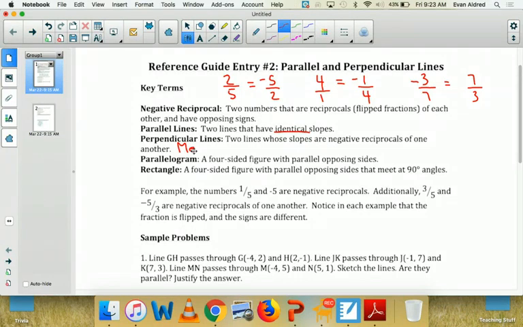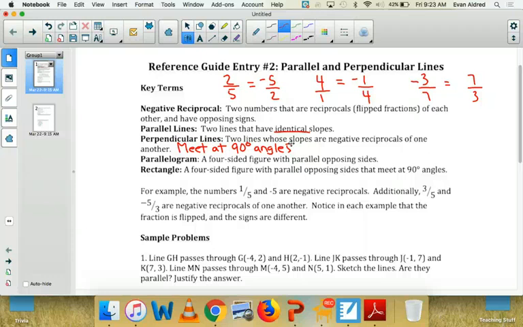It may be worthwhile to note that if the slopes are negative reciprocals of one another, they'll meet at 90-degree angles. And you've seen that before with perpendicular lines, like an example of perpendicular lines being a horizontal and vertical line. We know they meet at a 90-degree angle, as does any pair of perpendicular lines.